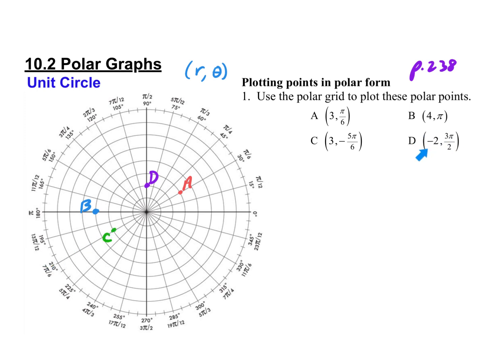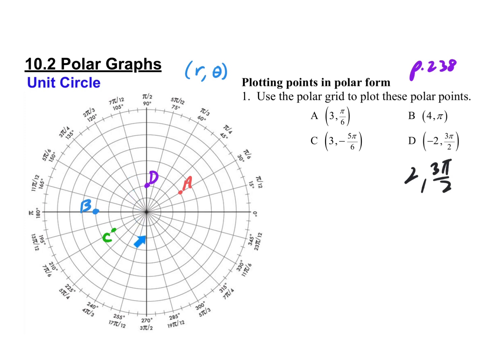Now this one, what's interesting is when r is negative. So what you do is go to 2, 3 pi over 2, and that puts me here. But the negative says, no, flip it around, go 180 the other way.